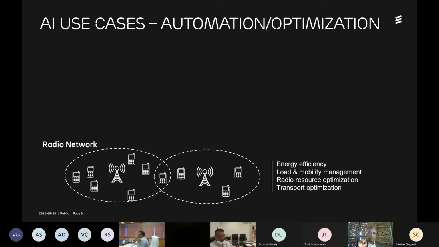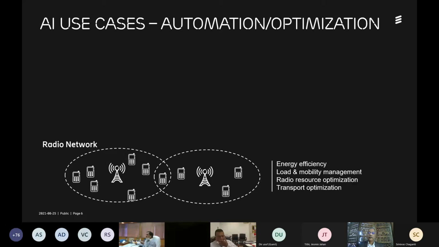So the first part, clearly, I think a very important part, look at the RAN. I think with 5G, energy efficiency is a very important consideration that one has. So how do you optimize the use of the radio infrastructure for minimizing energy usage and maximizing user experience?